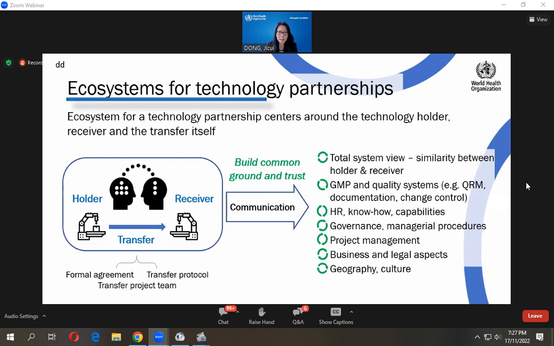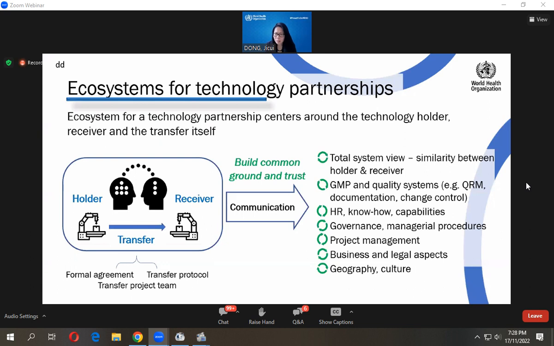Now we talk about the ecosystem for technology partnerships. This is very much focused on GMP considerations. So what we say is, the ecosystem for technology partnership centers around the technology holder, the receiver, and the transfer itself. We said that seeking information is very important because you need to build common ground and trust by transparent communication, by knowing each other.